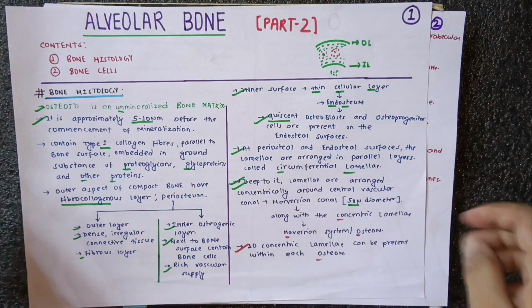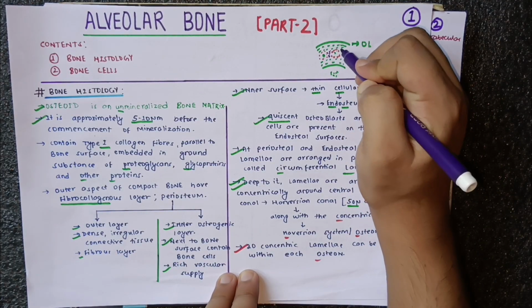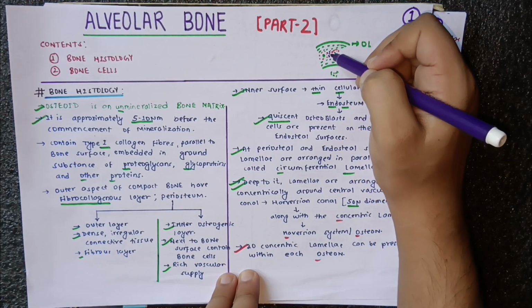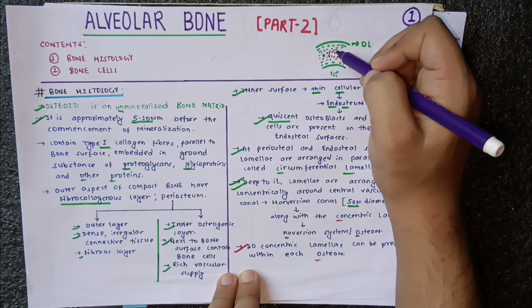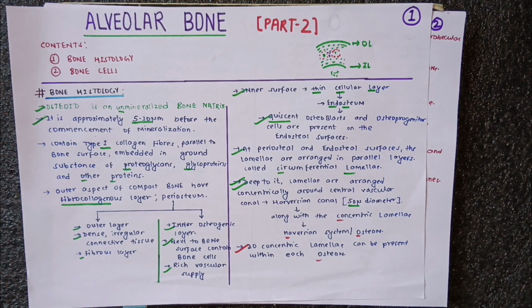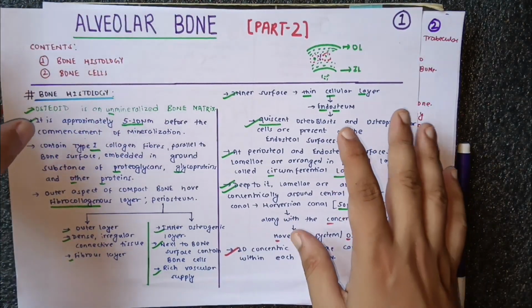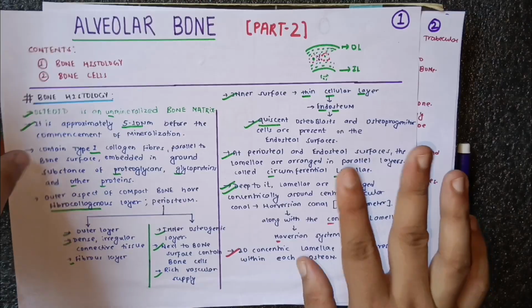Then at this portion, which I am showing in purple, is the interstitial lamellae between the two Haversian systems. I will show you a real histology image later, then it will be clearer. So we have three different kinds of lamellae present here.